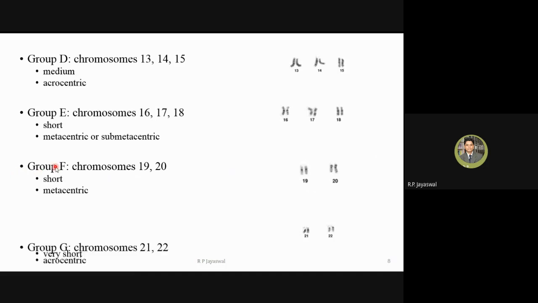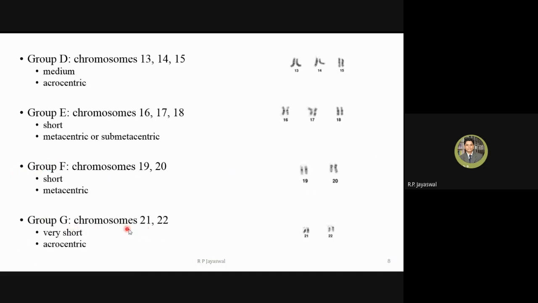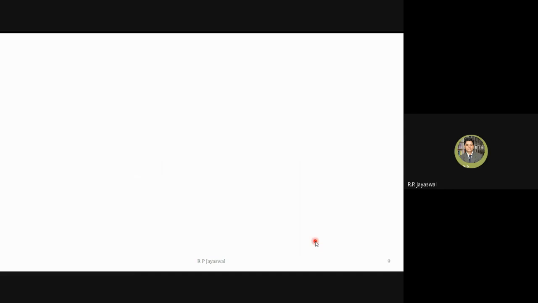And the last, we have group G, with chromosomes 21 and 22, which are very short and acrocentric.